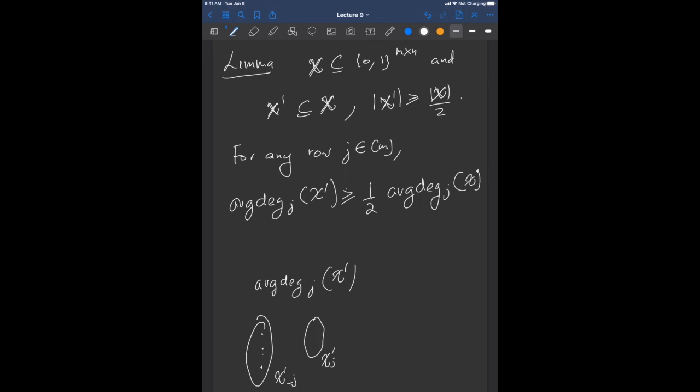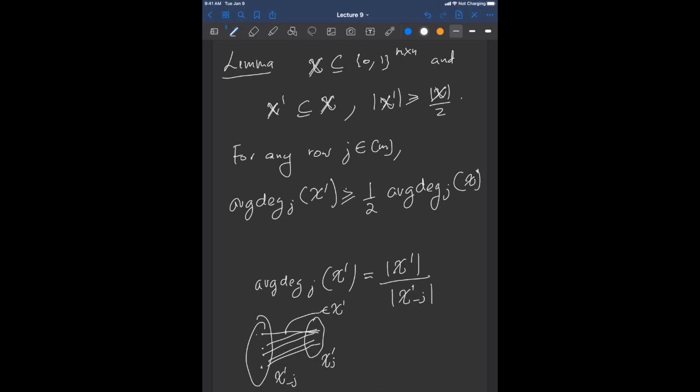The average degree was the number of edges divided by the number of vertices on the left side. There's an edge if this completed matrix is in x dash, so the number of edges is the size of x dash, and the number of vertices on the left hand side is the size of x dash minus j.